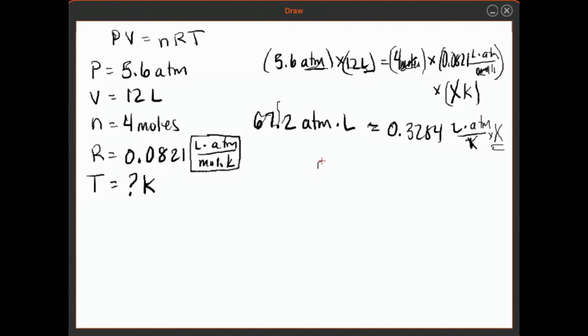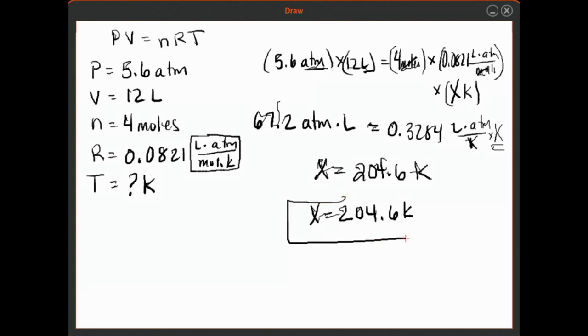And so dividing those two, we get our x value to be 204.6 Kelvin. So that's kind of hard to read, sorry. 204.6 Kelvin. Okay. So this is our answer.